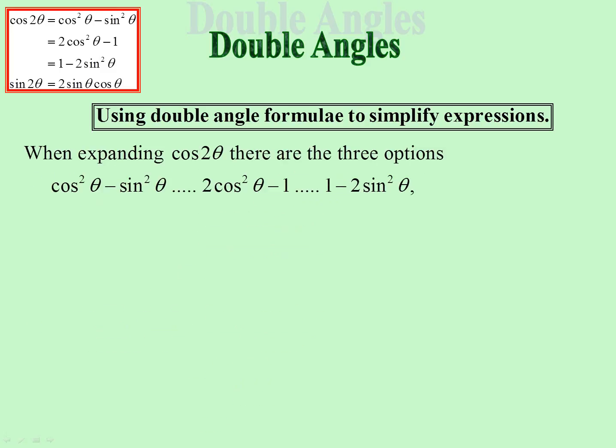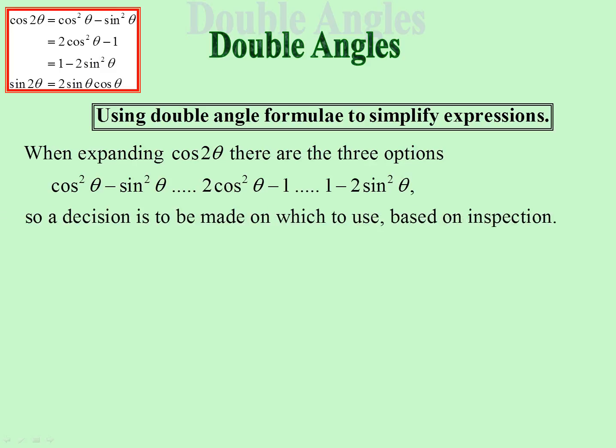Note, when expanding cos 2 theta, there are 3 options. Remember, we've already dealt with that previously. There are 3 options, and we need to make a decision as to which one to use, or we could end up going all the way around a long path. So let's have a look at this one. Cos 2 theta.